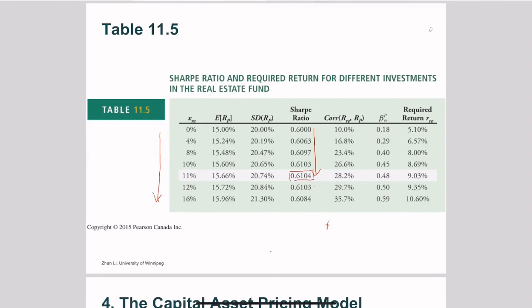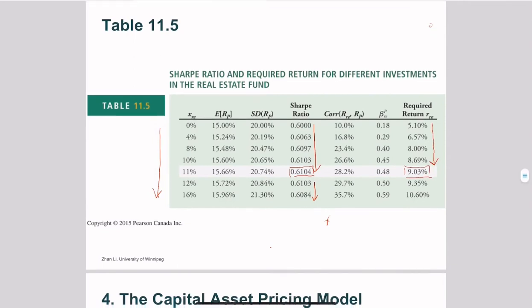And then it actually decreases. And what about the required return? Well, required return first increases. Then it increases to this 9%. And past this value, it continues to increase, right?